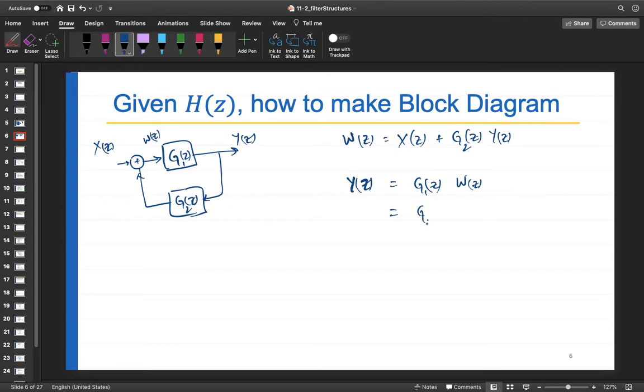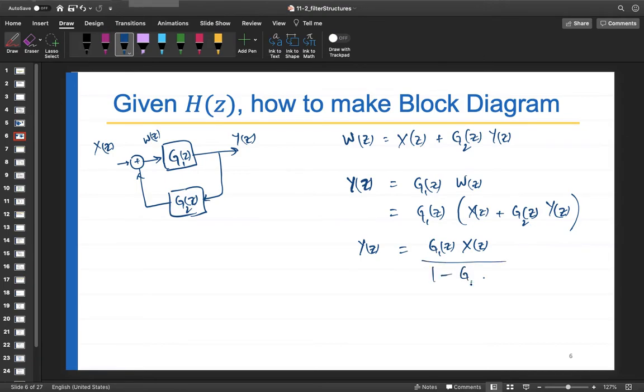So this becomes G1(z) times X(z) plus G2(z) Y(z). That is it. So this is my Y(z). Now I can simplify. So my Y(z) is equal to G1(z) X(z), and this term G1 G2 Y can go here and it can come down like this, 1 minus G1 G2.